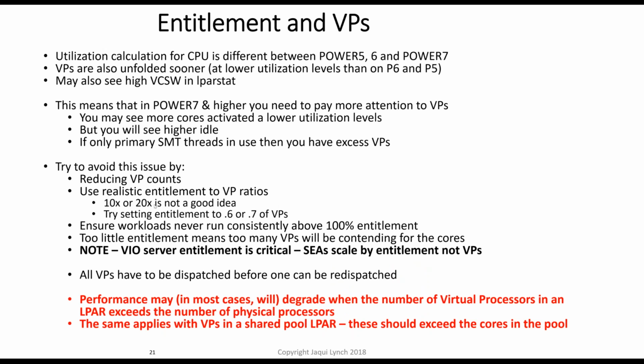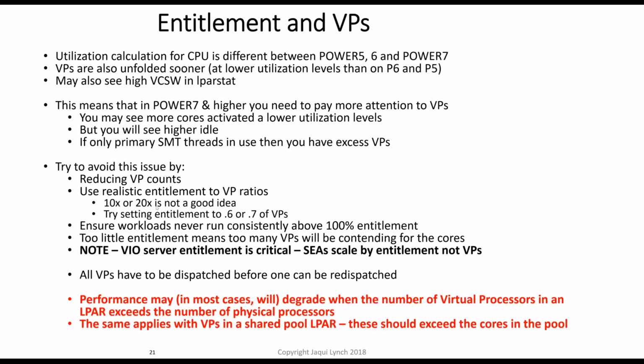A 10x or 20x setting for your entitlement is not a good idea. If you only have primary SMT threads, and you can see that in NMON in use, you've got too many virtual processors. And by the way, this applies on dedicated. If you're looking at a dedicated LPAR and you're seeing lots and lots of cores in use, but only the primary threads, then you want to look at reducing them.